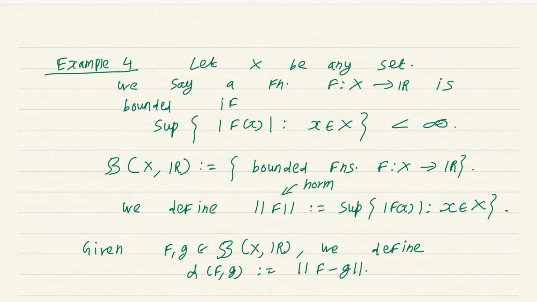It's going to take up most part of an entire week of our lectures. Also observe that this example subsumes the previous example. Can you figure out how this example subsumes the previous example? Please do that.